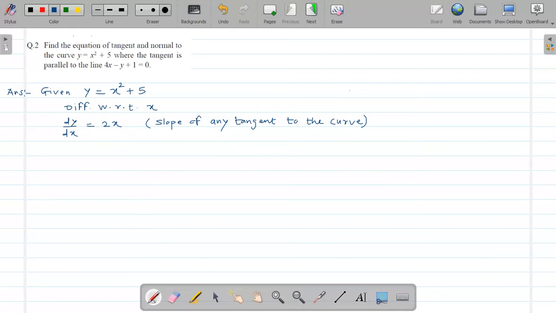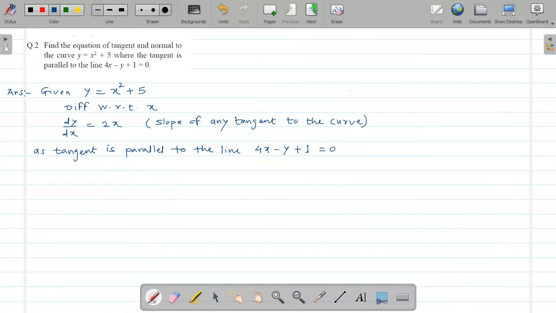So here I will write: tangent is parallel to the line 4x minus y plus 1 is equal to 0.